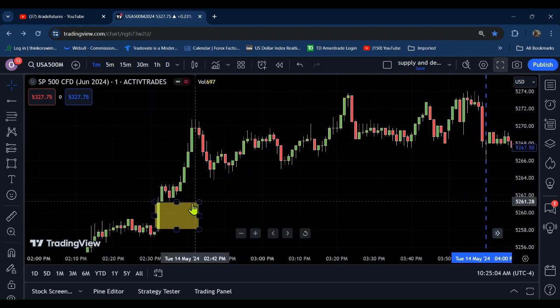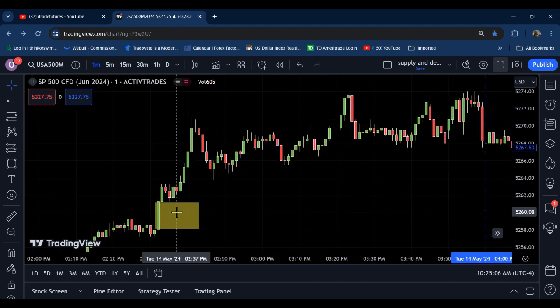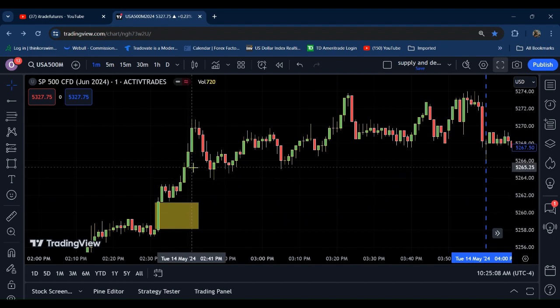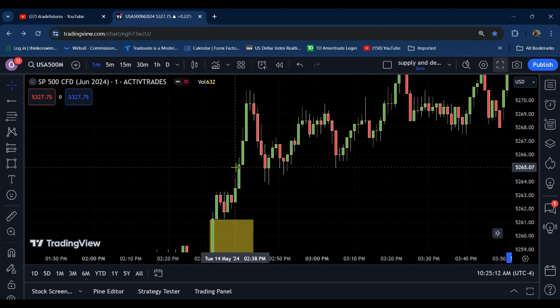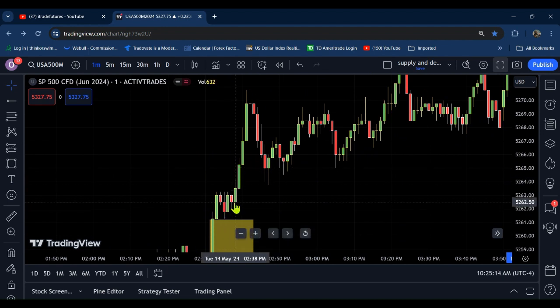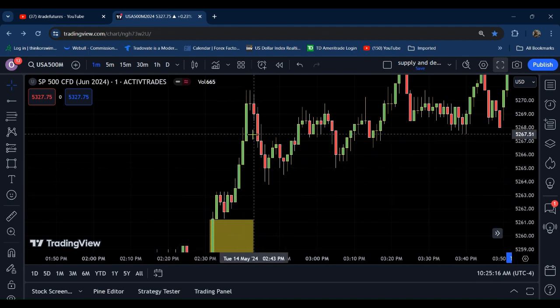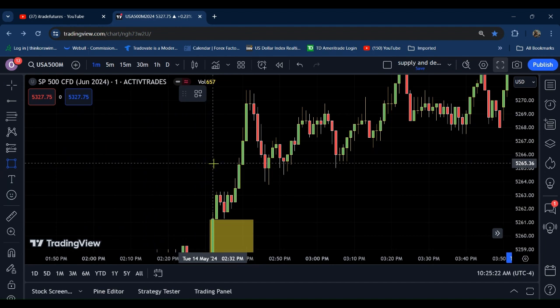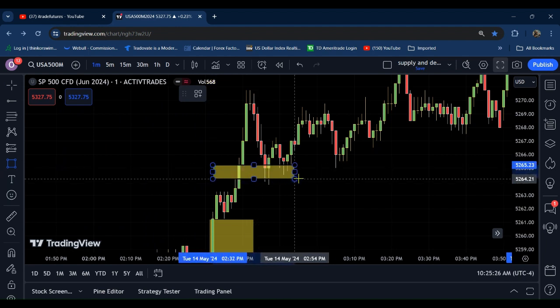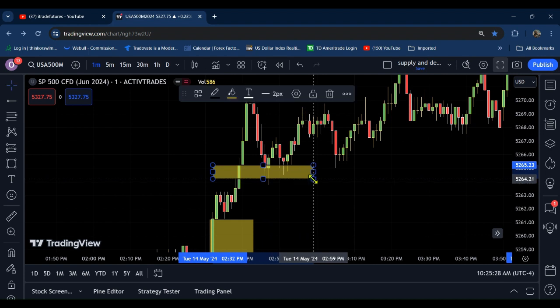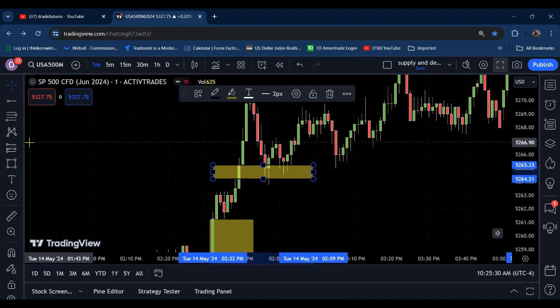But if you can see, this fair value gap was respected, and then now we have another one here. It was also respected. So let's say you got in on this consolidation, you rode it up, you got your 5. That's $250. Now we have other fair value gaps to work with. There's one here. And there's one here.